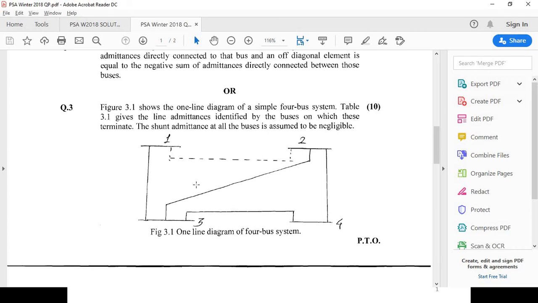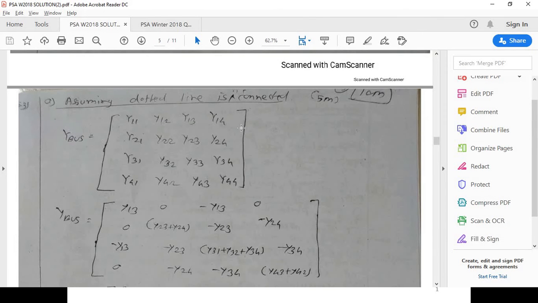That is, whenever n buses are present in a given system, the size of the Y bus matrix is n by n. In this case, how many buses are connected? Buses 1, 2, 3, 4. That means the size of the Y bus matrix is 4 by 4. For case 1, when the line shown dotted is not connected, the size of the Y bus matrix will be the same, 4 by 4. So in generalized form, we write the Y bus as a 4 by 4 matrix.